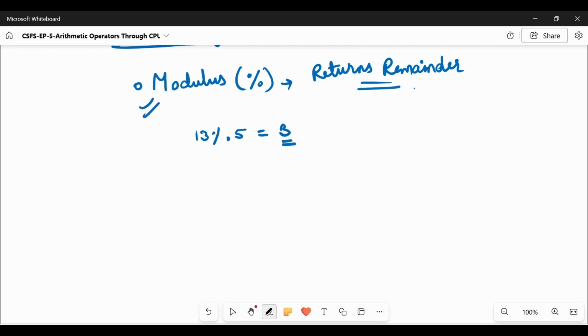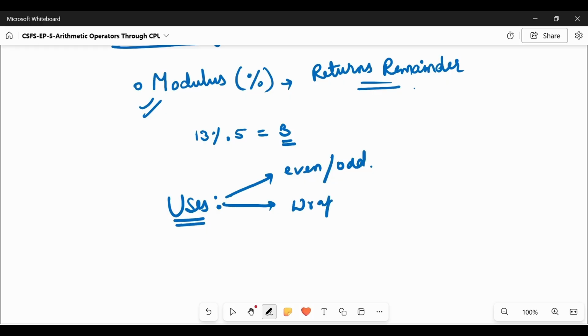Modulus is returning the remainder. We might think that we don't use modulus frequently, but modulus is frequently used when we are doing operations for even and odd detection. When we are checking for any kind of wrapping, we will use the modulus operator. When we are doing any kind of hashing operation, the modulus operator is used.